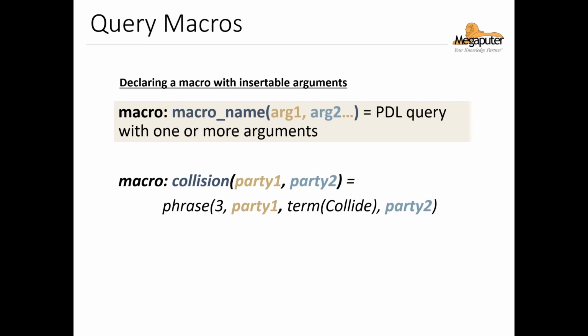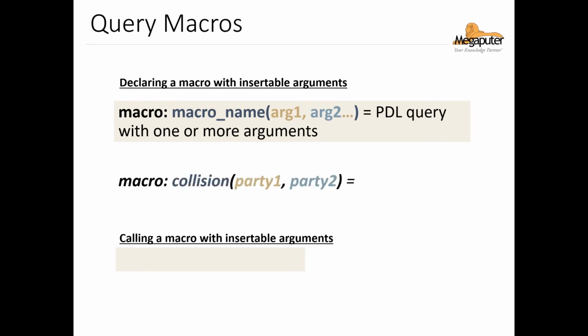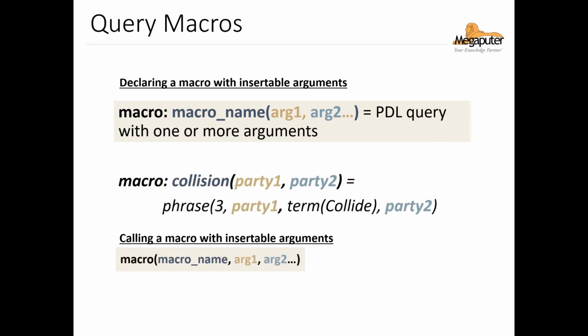And there you go. It's pretty easy. To actually use this, all you have to do is call it by saying macro, give it the name, and then I fill in the arguments that I'm using. So maybe insured, claimant.